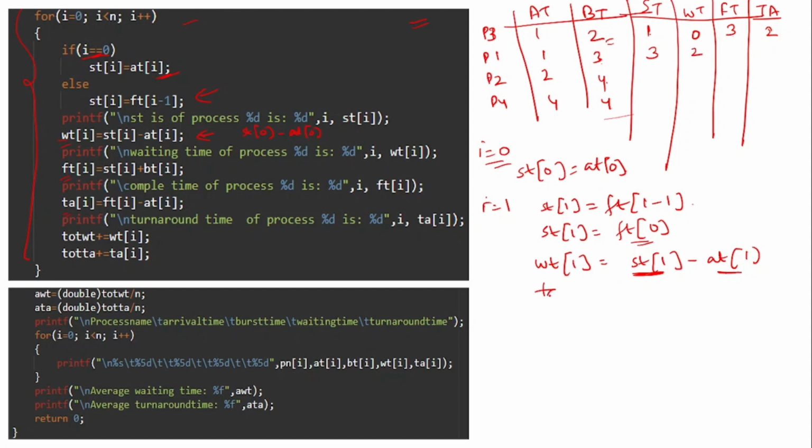Now the turnaround time for the first process is its finish time minus its arrival time. This is pretty much self-explanatory. Turnaround time is how much time the process takes for its complete execution, from the time it arrived.